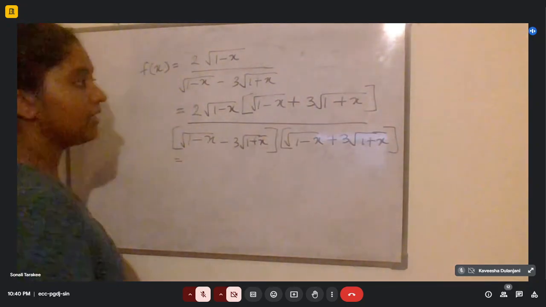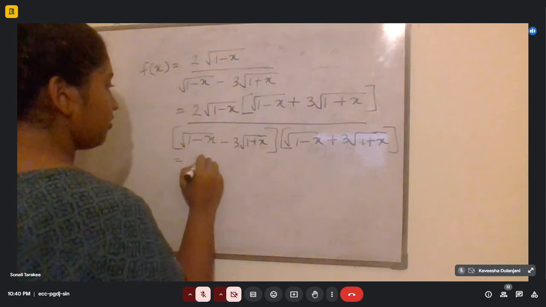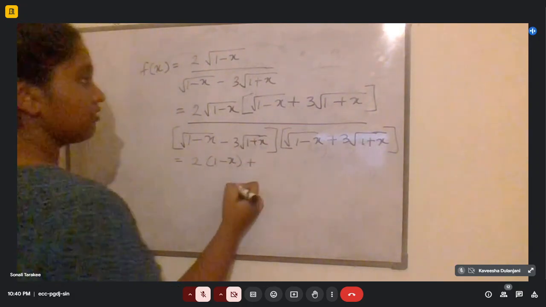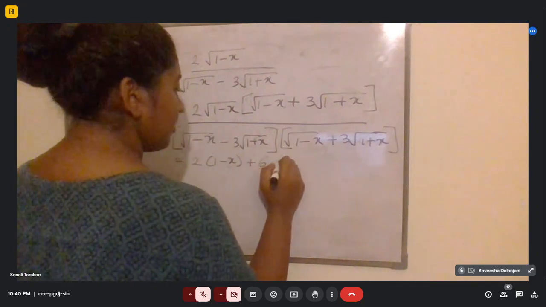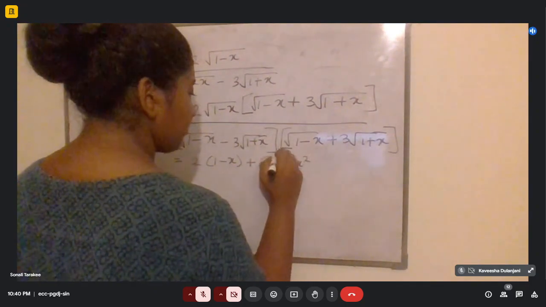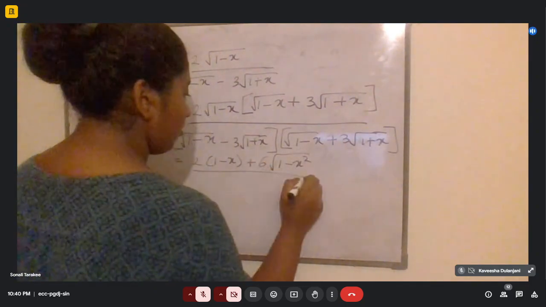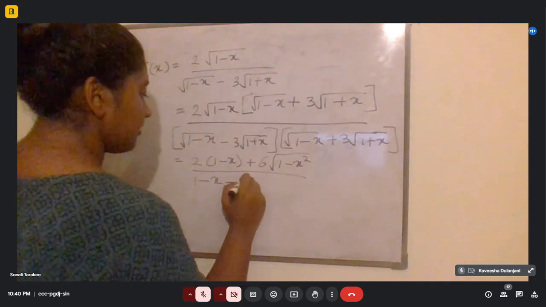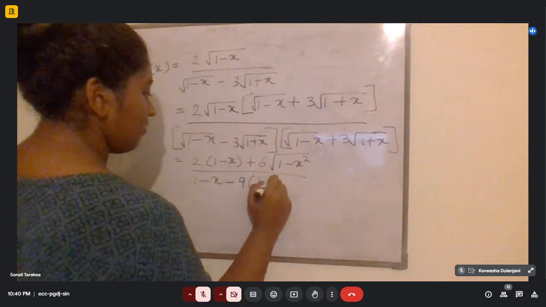So once you multiply this one, you get 2 into (1 minus x) plus 2 times 3, 6, square root of (1 minus x squared) over 1 minus x minus 9 times (1 plus x).